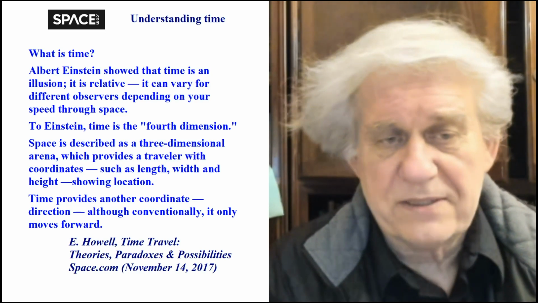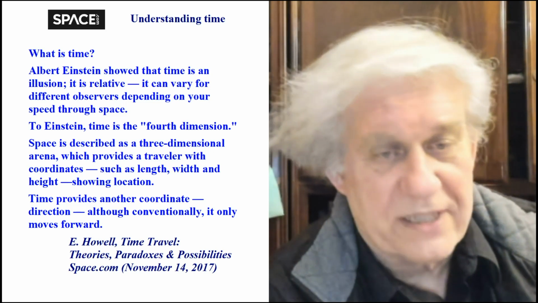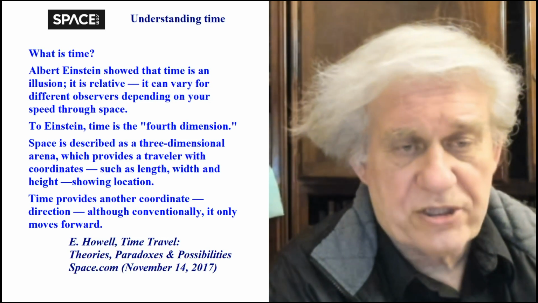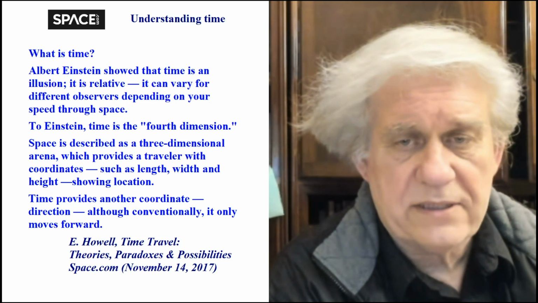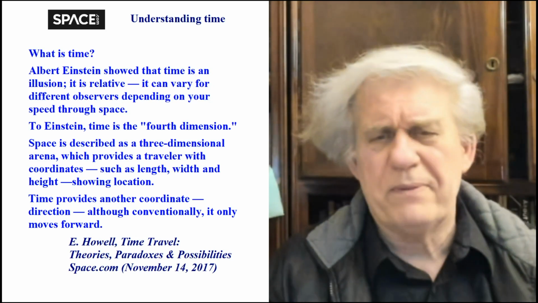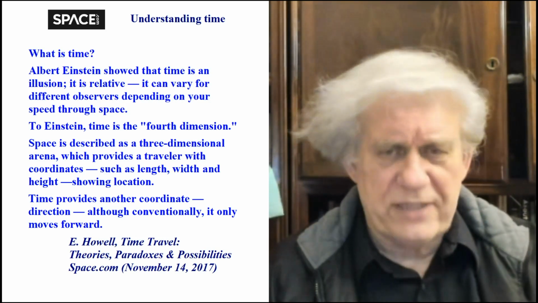It says space is described as a three-dimensional arena which provides a traveler with coordinates such as length, width, and height, showing location. Now, those are not coordinates. Those are known as dimensions, but people don't understand the difference between dimensions and coordinates. Coordinates refer to location.